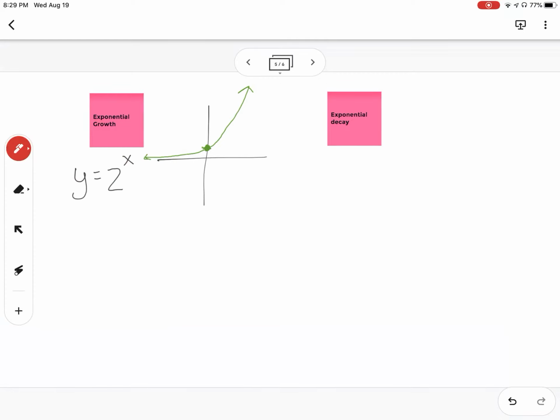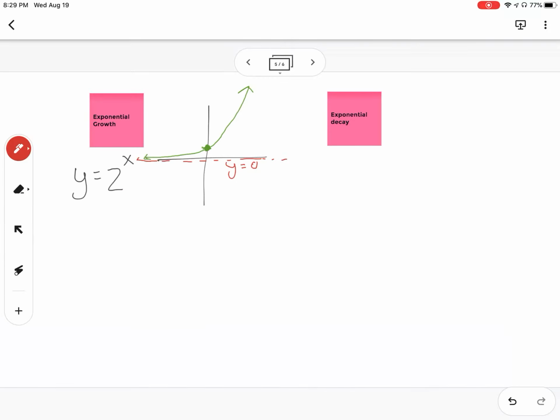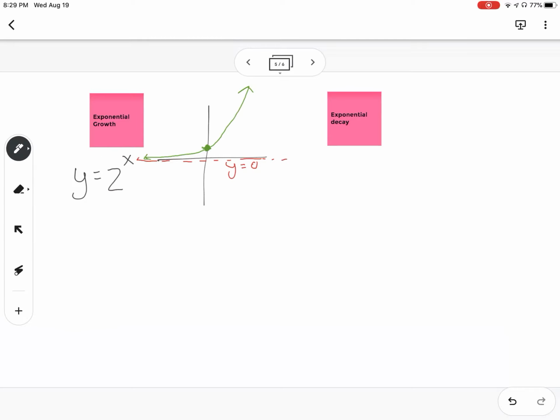Right, we can't get it to be 0, so our asymptote is going to be on this line, which is called y equals 0. That's our asymptote is here. This one is growth. You see how the line gets bigger as it's going over and then it's going up? It gets positive, so it's growing, right? Because everything's getting bigger.